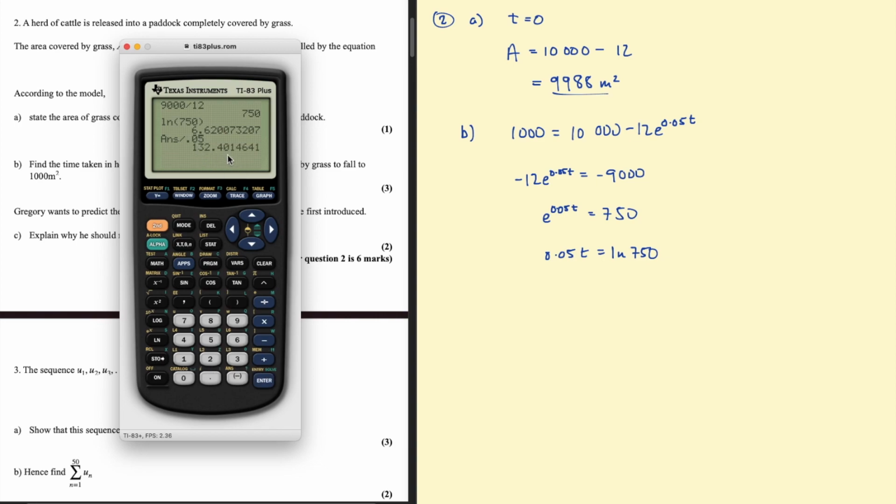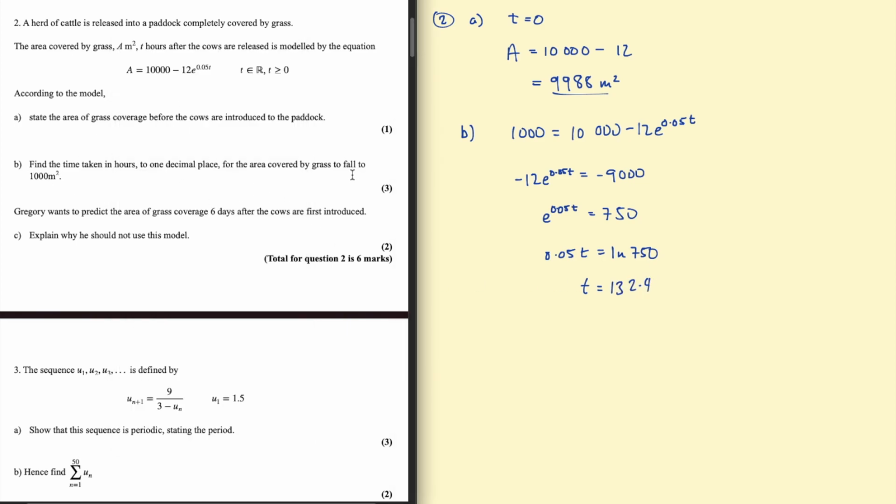And we get 132.4. So t is 132.4, and the question said to one decimal place. So we need to use approximation sign, and that was in hours. Okay, that's part B.